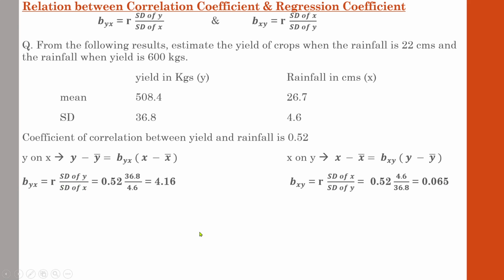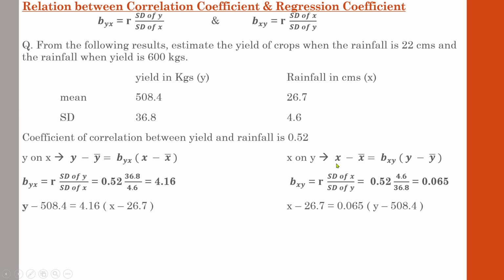Once you have found byx and bxy, just substitute these details in the equations. Y minus y mean, which is 508.4, equals byx, already found as 4.16, into x minus mean of x, which is 26.7.